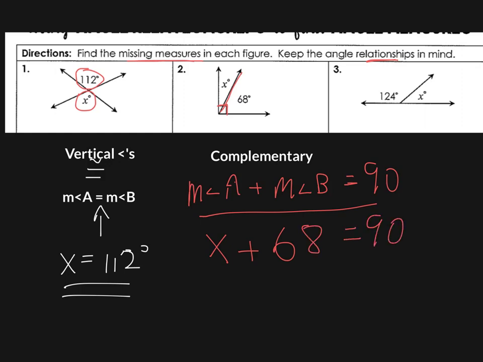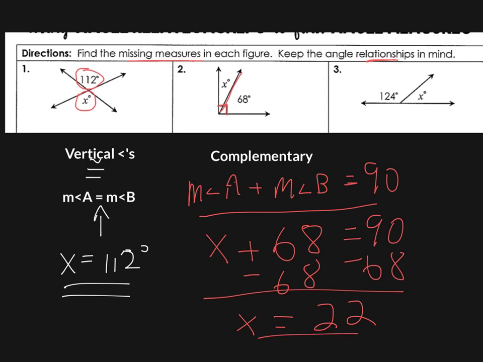Now I have a little bit of algebra to do, so I'm going to subtract 68 from both sides, and I'm left with x equals 22. Now x happens to be the value of the entire angle, so x equals 22 is my final answer. I guess we'll say that x equals 22 degrees in this case.